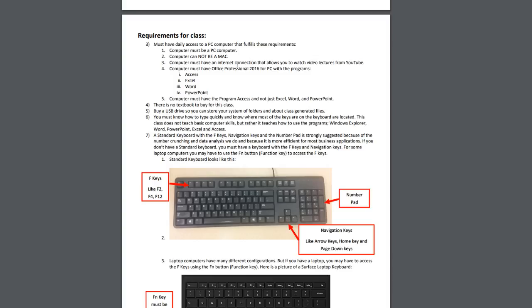You have to have an internet connection, of course, to watch the videos that will be at YouTube. And you must have a computer with Office 2016 that contains the programs Access, Excel, Word, and PowerPoint. Now, Office Professional 2016, that's what they call the disk version.